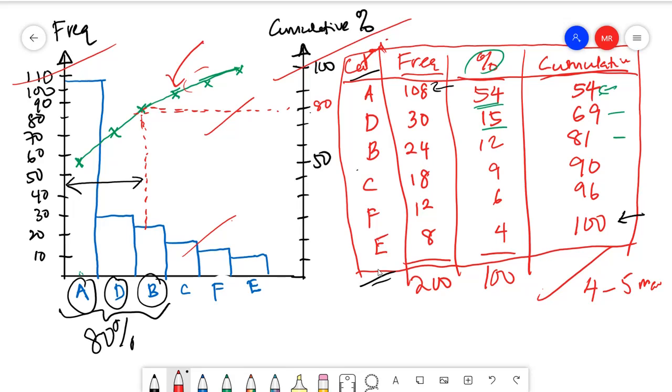The best way is to make sure that the maximum frequency here is roughly the same as the cumulative percentage at 100%. It's not necessary to be exactly the same, but you can construct it this way.